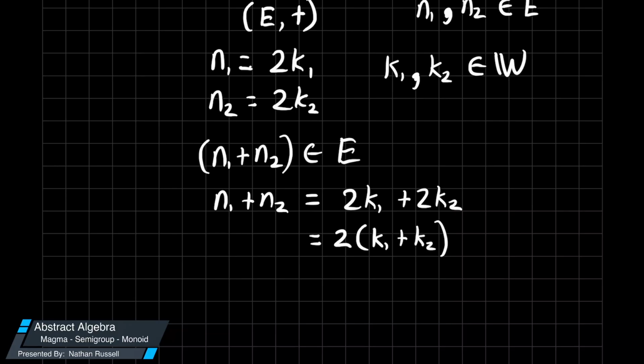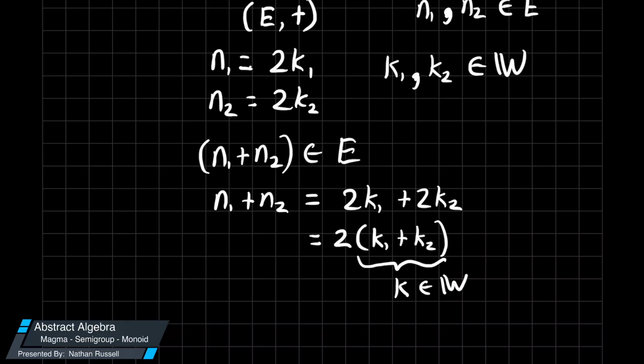Now notice that k1 and k2 are from the set of whole numbers. And what can we say about the whole numbers? They are closed under addition. That means if you add 2 whole numbers, you'll get another whole number back. So we can determine that the sum of these 2 whole numbers must be another whole number k in the set of whole numbers.